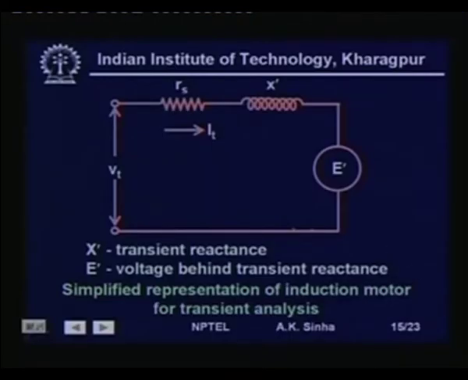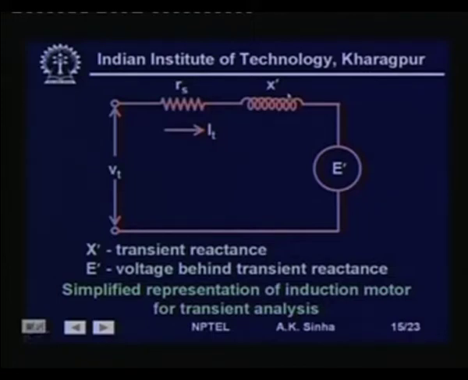Now, what we do for dynamic simulation is we use a circuit where we have the resistance of the stator given here as R s, X dash is the transient reactance of the machine.